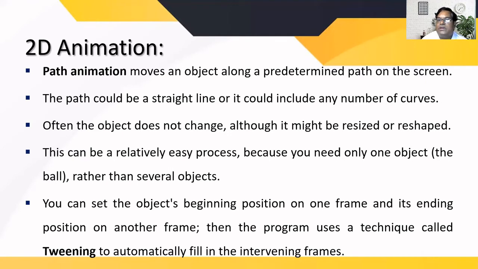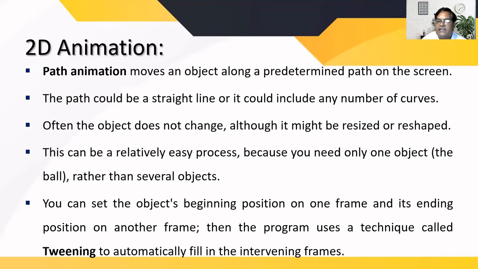Often in path animation, the object does not change. Of course, you might resize or reshape the object, but relatively the same image is used for path animation, rather than several objects.